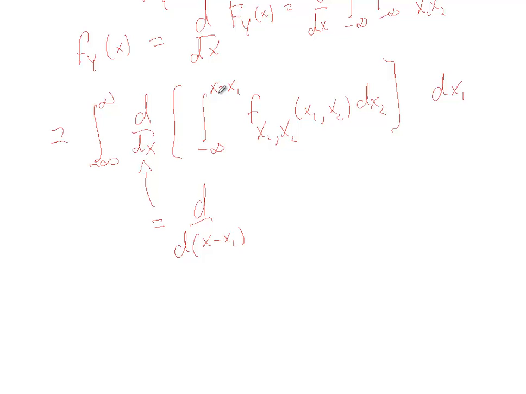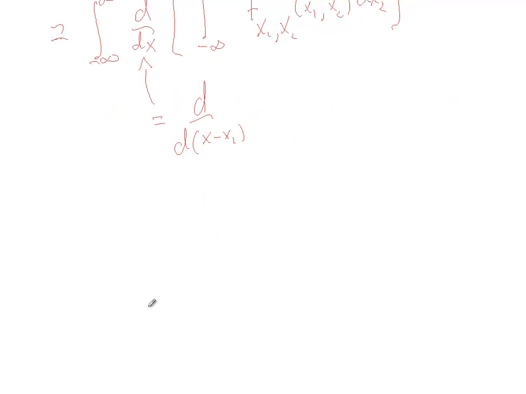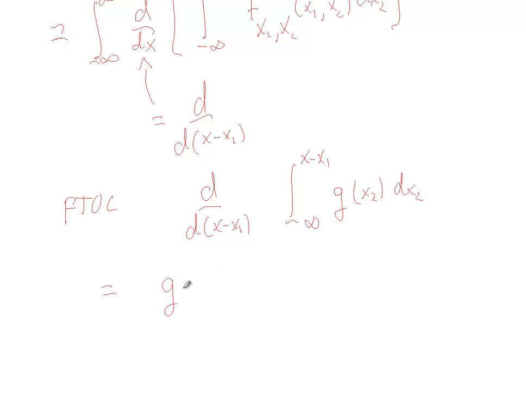The fundamental theorem of calculus says that d/d(x minus x1) of the integral from minus infinity to x minus x1 of, let me just call this g of x2, dx2, is going to simply be equal to g with x2 replaced by the integration limit. That's what the fundamental theorem of calculus tells you.